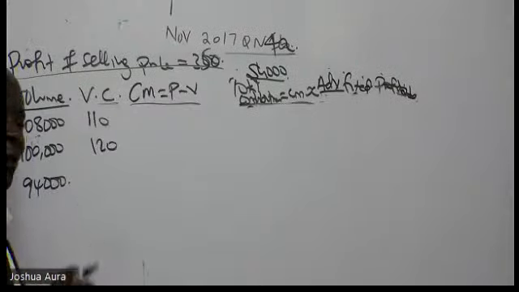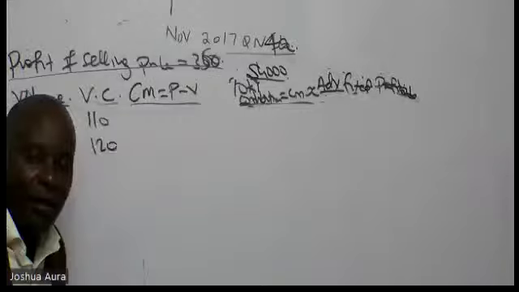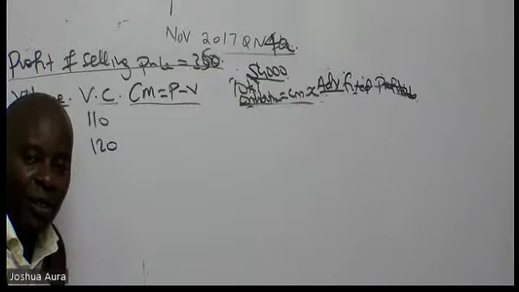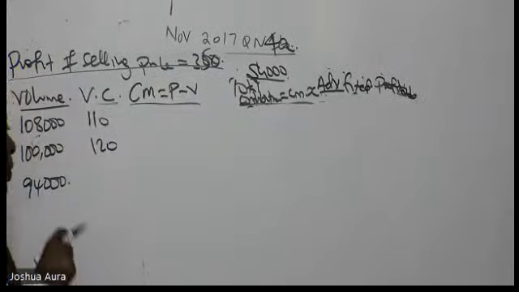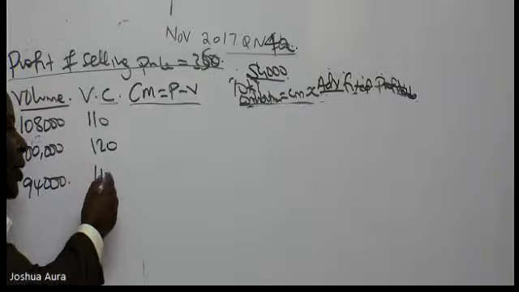So how about this 94,000? What variable cost should I use for 94,000? I can see it's less than 100,000. Let's check again. How much?